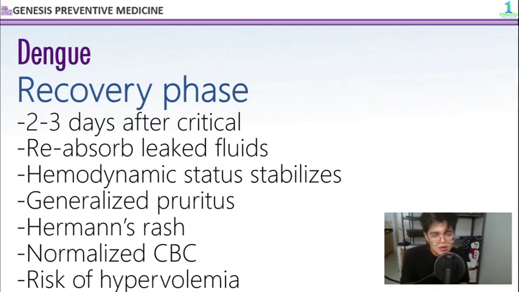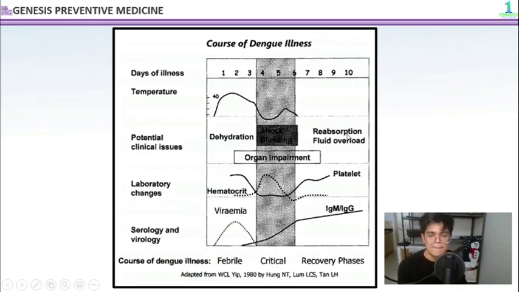Nag-recovery phase na nga yung pasyente sa dengue, binibigyan mo pa siya ng bags ng IV fluid. Talagang parang nilulunod mo siya. You're drowning the patient in fluids, and this has inherent risks of its own. Hypervolemia. Most notably, hyponatremia, which is a potential adverse complication found in the recovery phase.